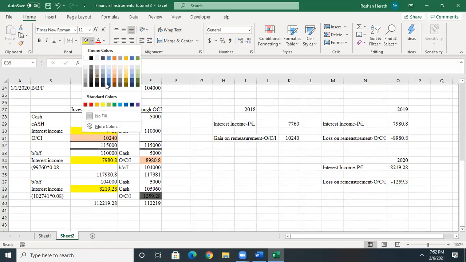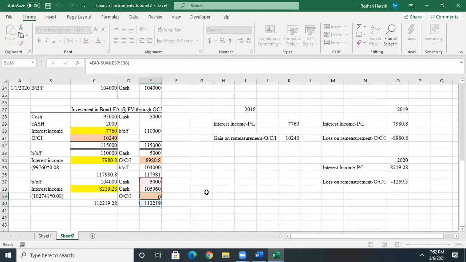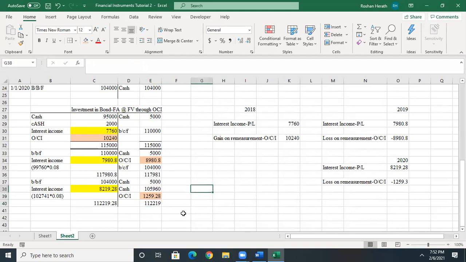Then if you think logically, what has actually happened here? We had both purposes for this instrument, but in the end we simply held it till maturity. So effectively, what should have happened is this.